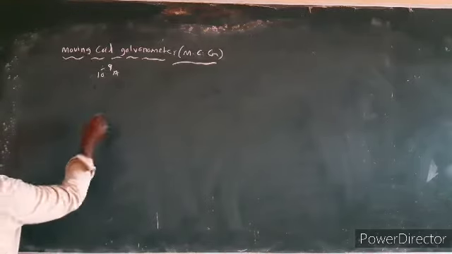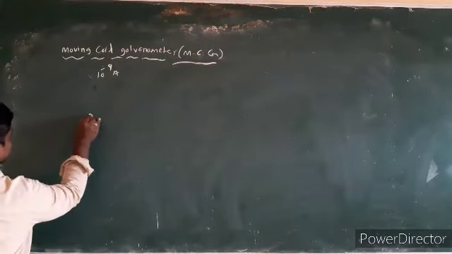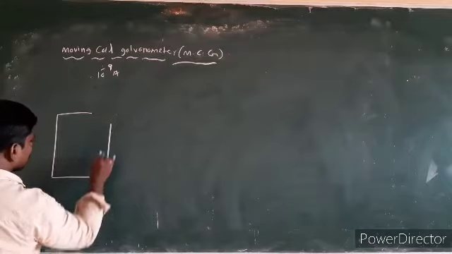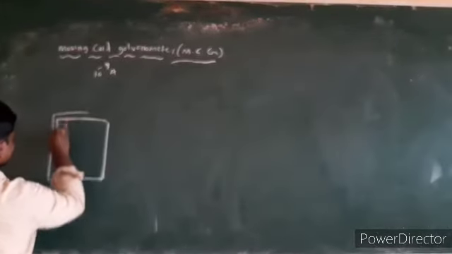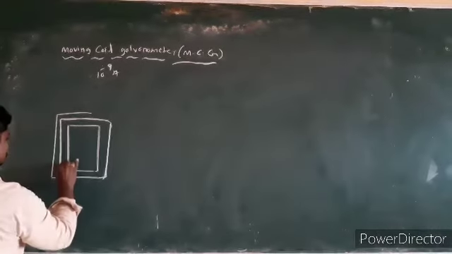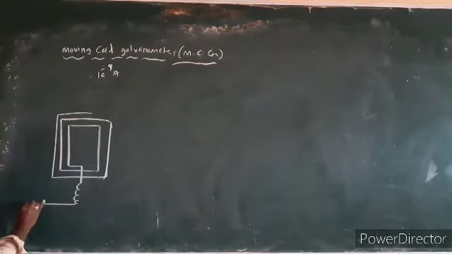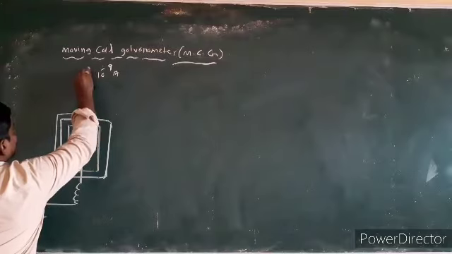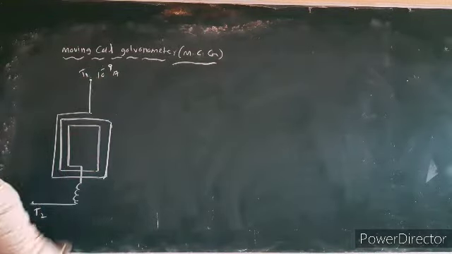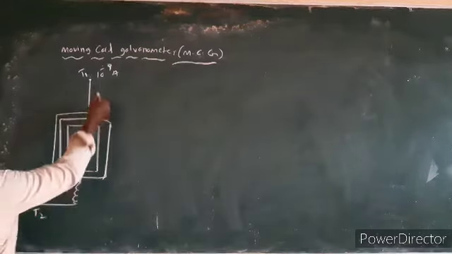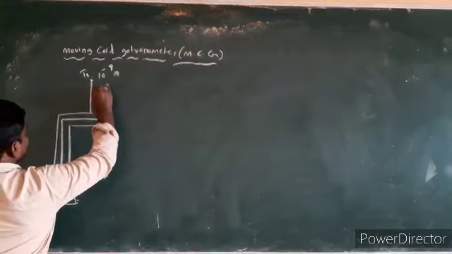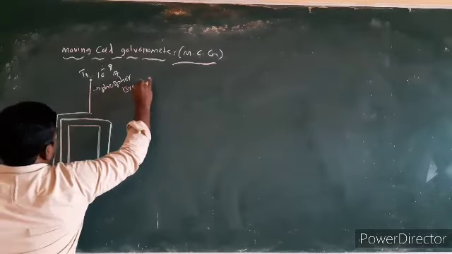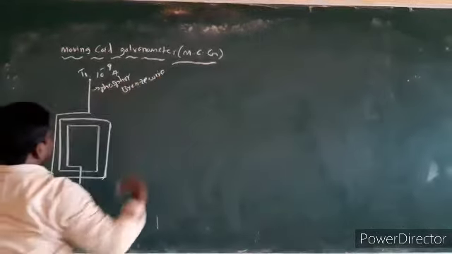Now, what is the moving coil galvanometer? This moving coil galvanometer consists of a rectangular copper coil which is suspended from a fixed point called T1 with a phosphor bronze wire.